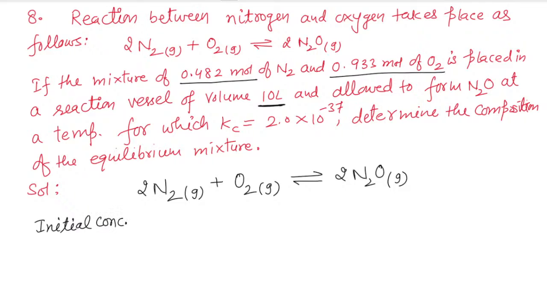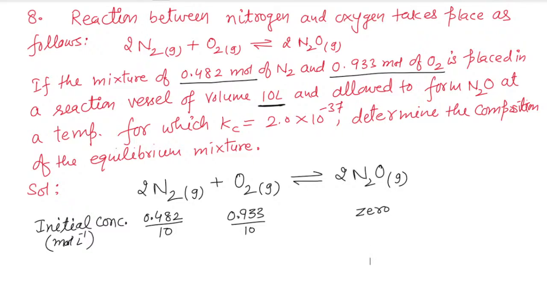So initial concentration of nitrogen is 0.482 divided by 10, because concentration is in mole per liter, right? Okay, this is mole per liter, and for oxygen it is 0.933 divided by 10. Okay, mole per liter. And what about N2O? 0, because initially we have only two.